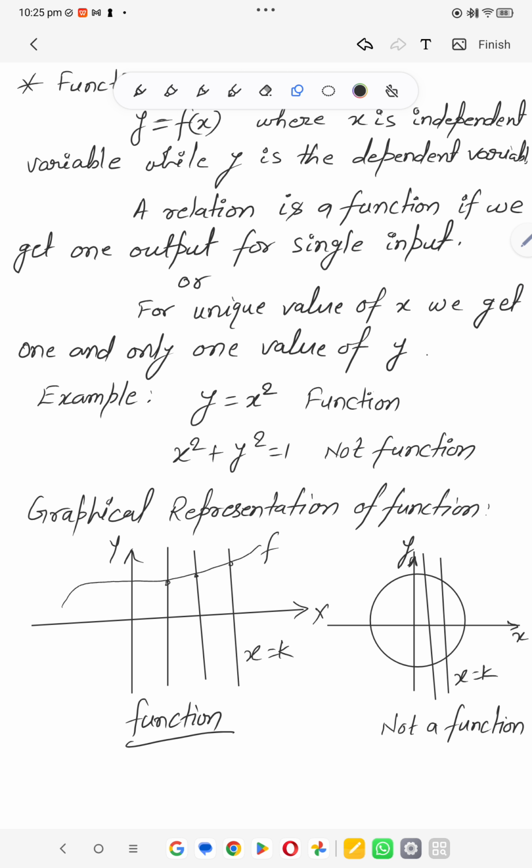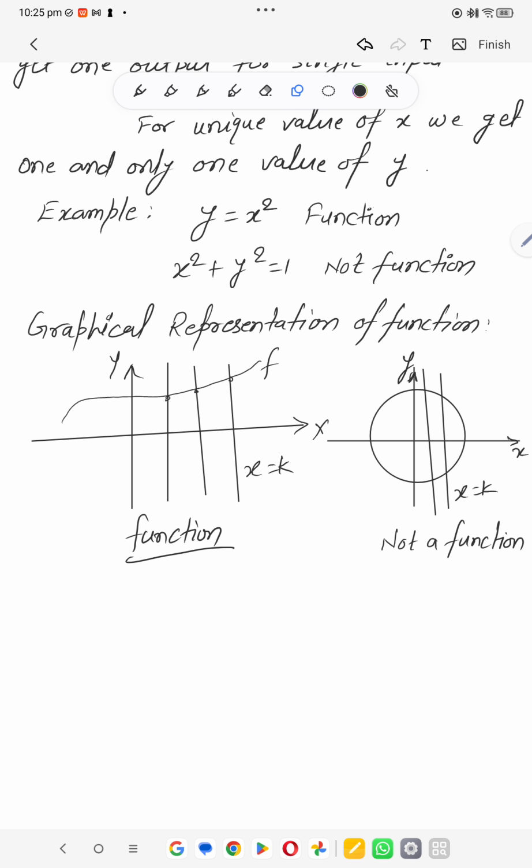Now, for your better convenience, I am introducing one more type of function relation. Like if this is the y-axis and this is the x-axis, there is a relation which moves like this.